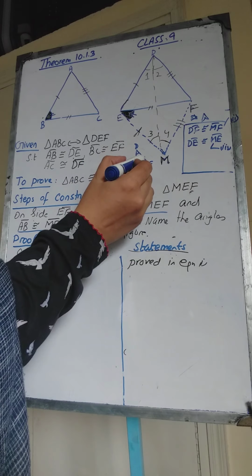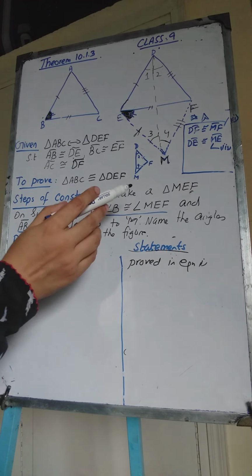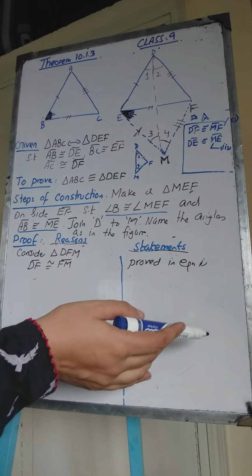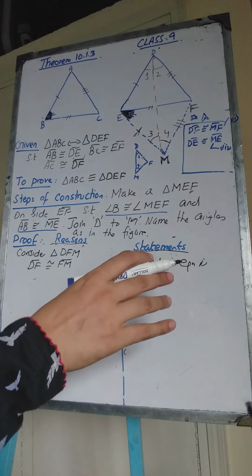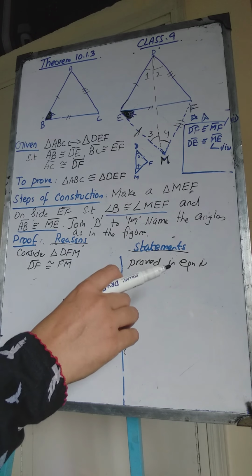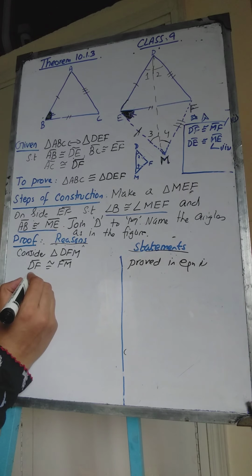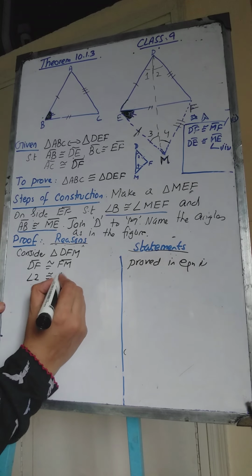Now as these two sides are congruent, the angles opposite to them are also congruent. This is what we proved in a previous theorem that you have done in class 8: if in a triangle two sides are congruent, then the angles opposite to those sides are also congruent. So DF is congruent to FM, which implies that angle 2 is congruent to angle 4.